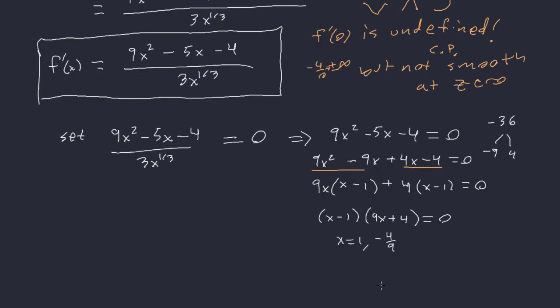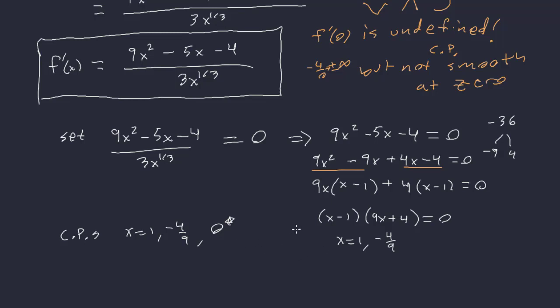All right, so we end up with x equals 1 or negative 4/9. All right, now, so those are our two other critical points. So the critical points are x equals 1, negative 4/9, and 0, but I'm putting a star next to 0 because 0 is the one that causes it to be undefined.